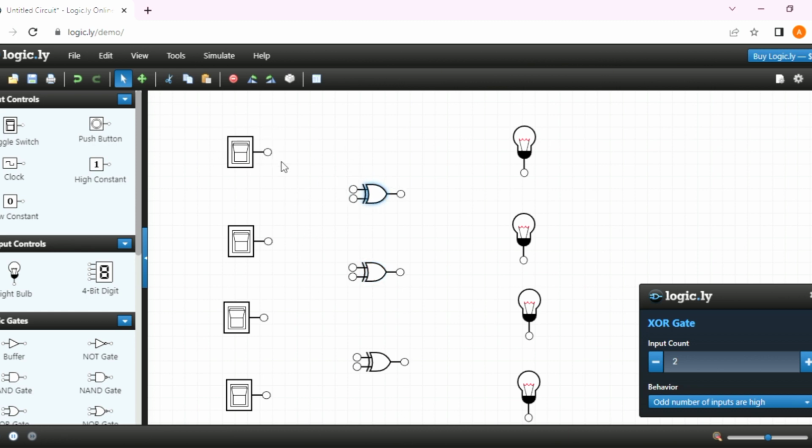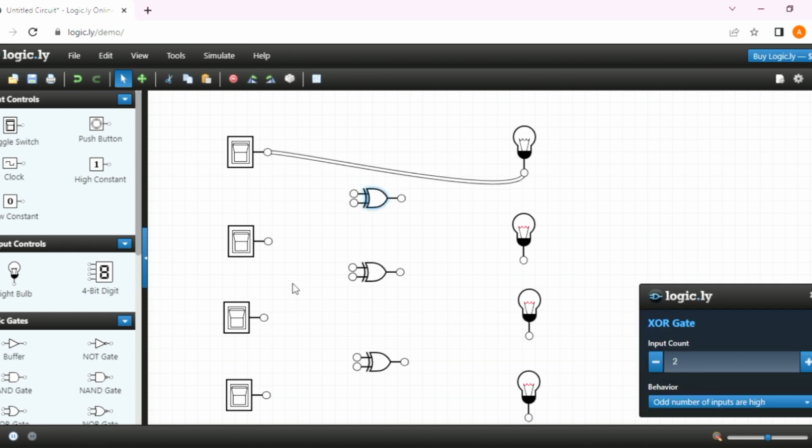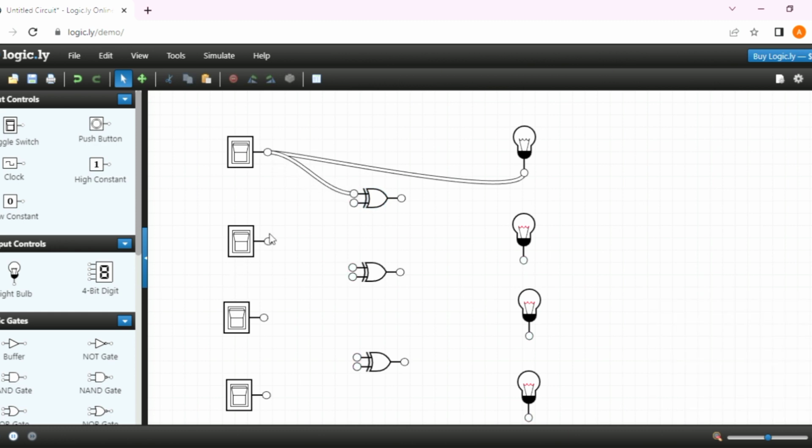The first bit is returned directly, so the first input is the direct output. The first and second bits undergo the first XOR conversion, so connect the first two inputs to the first XOR gate.